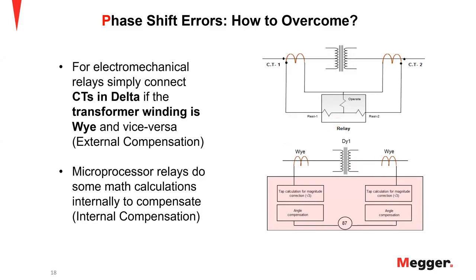For microprocessor relays, of course, there are two methods. The first one is the same as what we discussed now: we can work with the CT connection types. Another method is that the microprocessor relay performs mathematical calculations inside the relay, and it actually addresses this phase shift problem. That is called internal compensation.